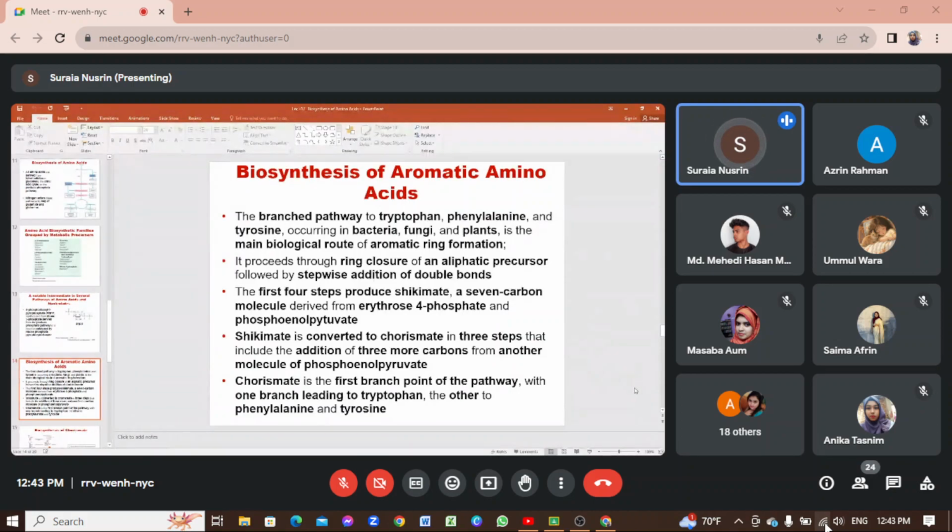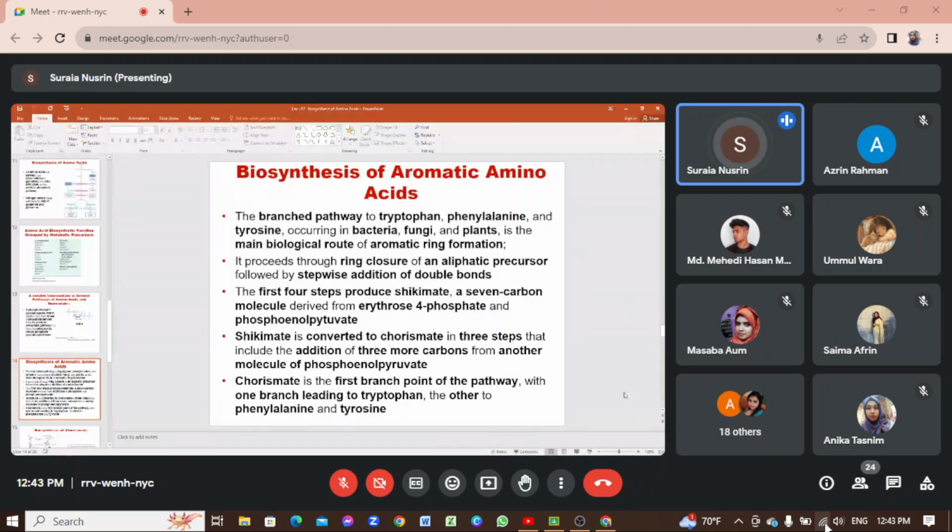When these two precursors combine, they give rise to an intermediate called shikimate. Shikimate is made up of 7 carbons, and the 7 carbons come from erythrose 4-phosphate and phosphoenol pyruvate.